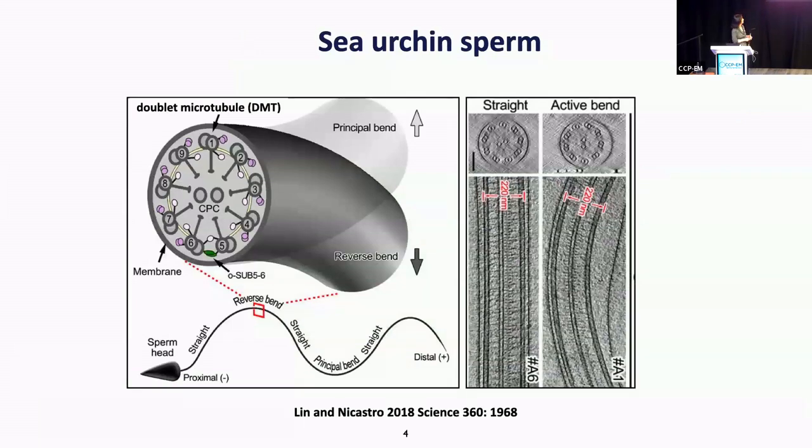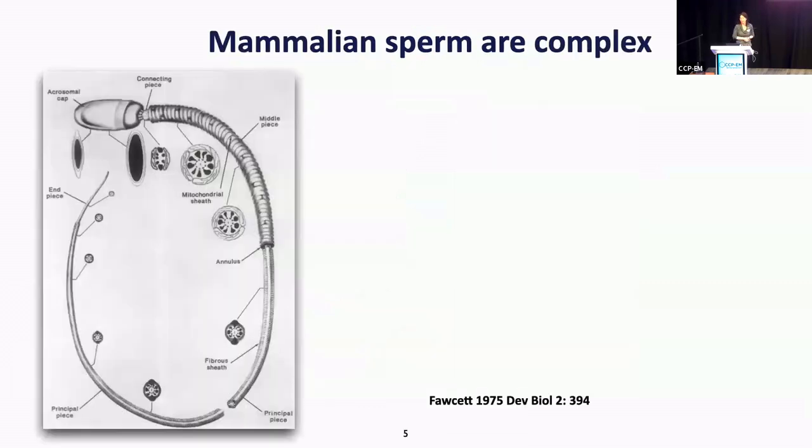Then cryo-electron tomography came along, and the group of Daniela Nicastro was leading, studying sea urchin sperm as the model species. But from all the classical EM data, it was very clear that mammalian sperm are much more complex. This is the challenge I took upon in my group.